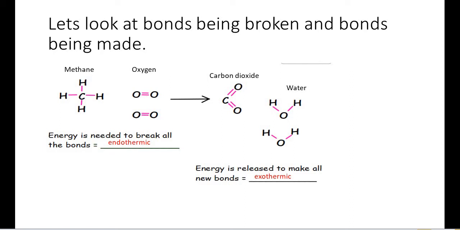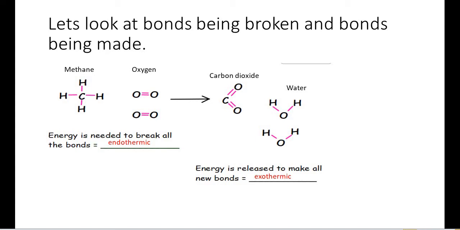So then we need to look at what bonds are being broken and what bonds are being made. And in your book, you've got this. You can see that in methane, you've got 1 carbon with 4 hydrogens attached to it. So you've got 4 CH bonds. And then you've got 2 molecules of oxygen.